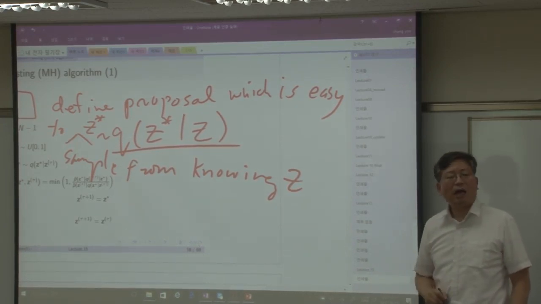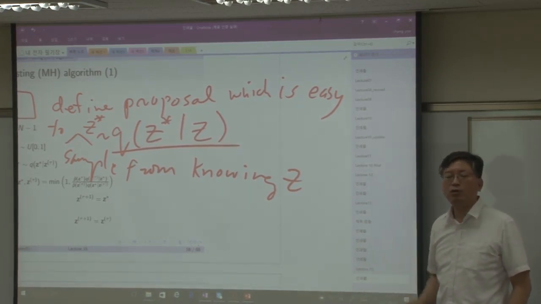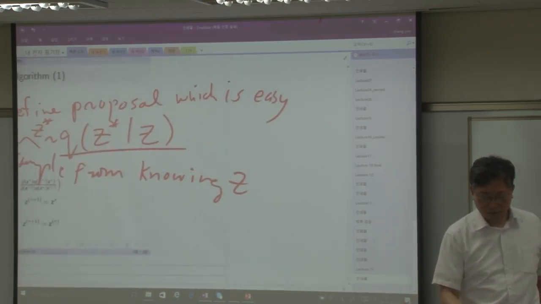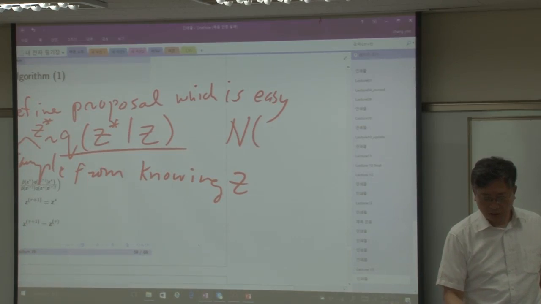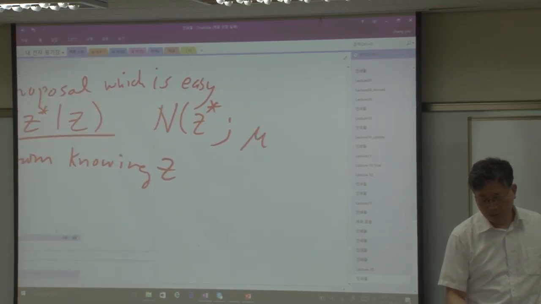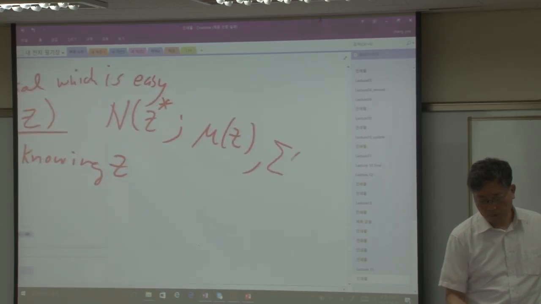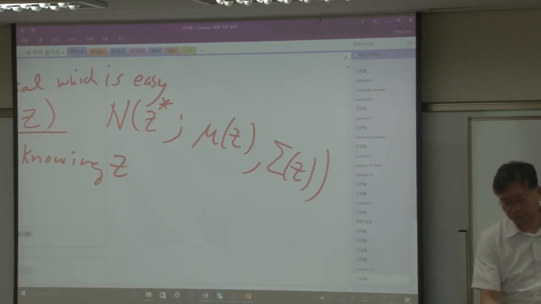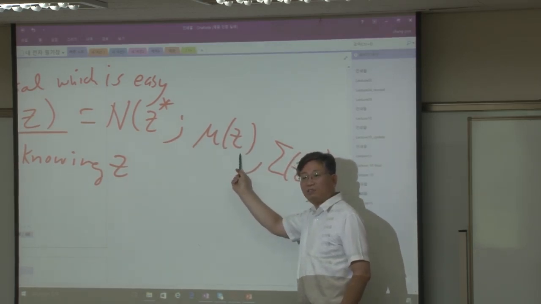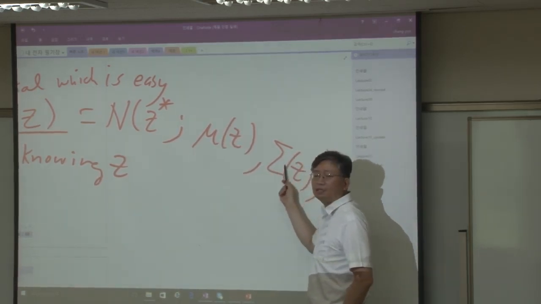And one example that people use very often is the Gaussian. So Z star is a Gaussian: if I know Z, the mean value is defined, and the variance, covariance is defined.